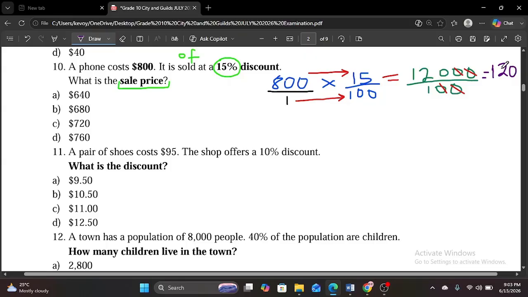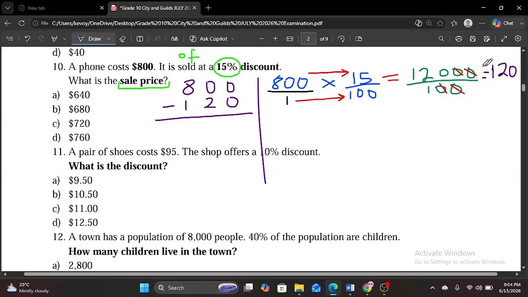All right, so this is going to be our discount amount. To get the final price now, all we have to do is subtract. So we're going to subtract 120 from 800 to get our final cost.